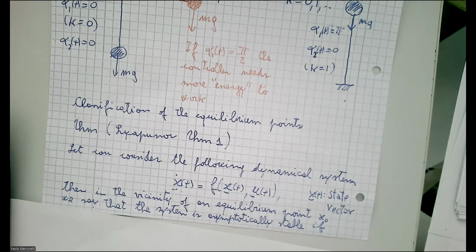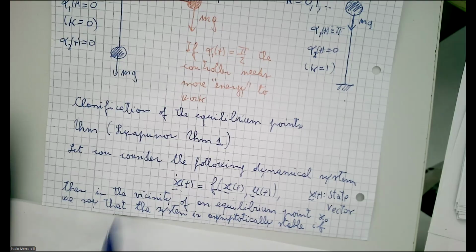This means if the system is non-linear, we cannot use directly, or at least not so directly as I told you last time, in the first part of the course, matrices A and B to represent the variation of the states.